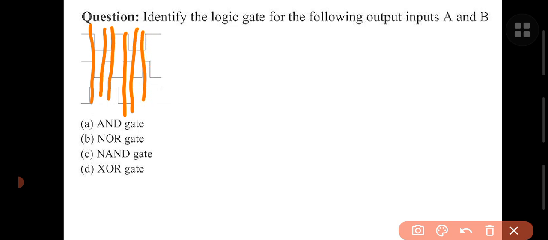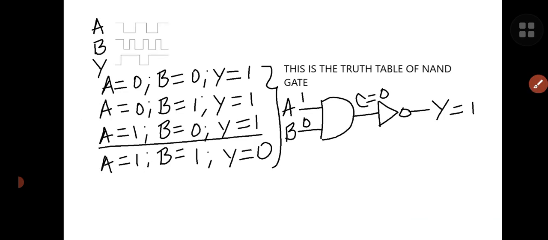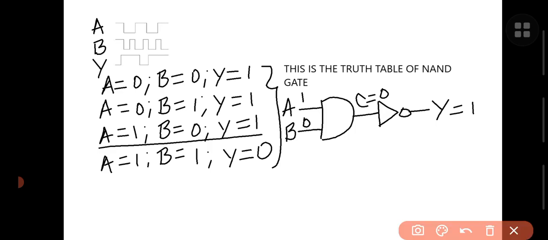Now from t0 to t1, A is equal to 0, B will be also 0, and Y is given as 1.